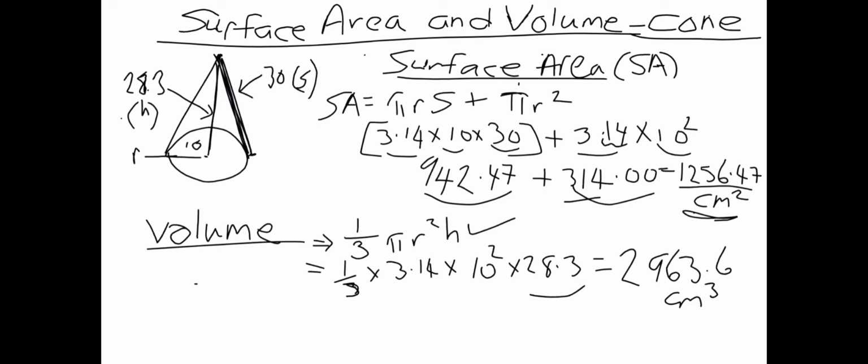We know that the radius is 10, and we know that pi is 3.14, and we know that we're going to be multiplying it by 1/3. So when we multiply all of these 4 items, we know that the answer will be 2,963.6 centimeter cube, because it's volume. So I hope this is very clear.